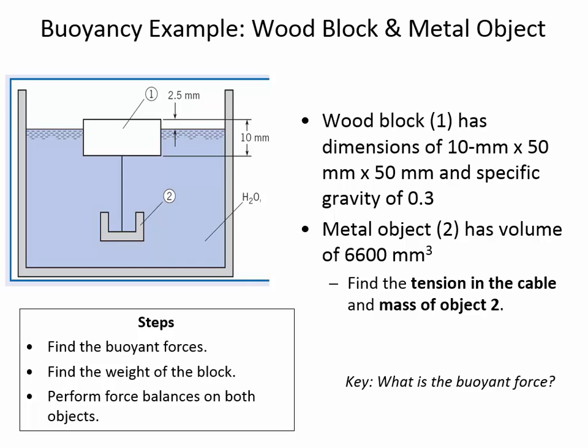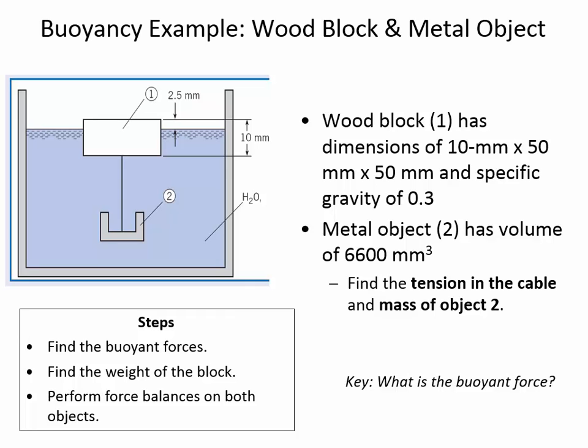So we can do a force balance about the metal object now. Now we've got this piece that's underwater, and what we know is it's got some tension that's lifting it up, the tension in the cable. There's a buoyant force pushing upward that depends on the volume of this.